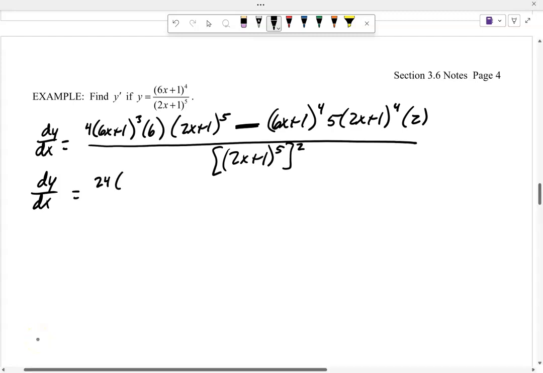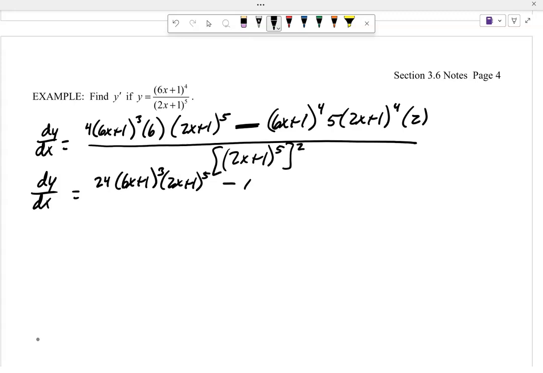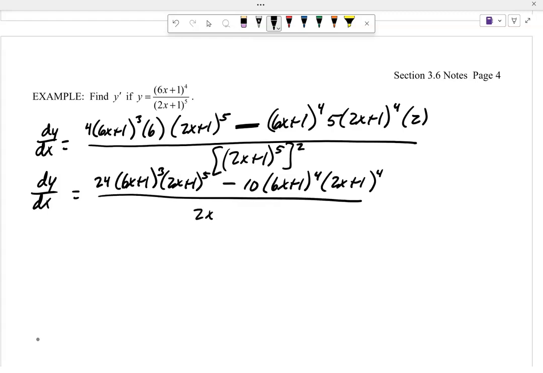So I got 24 times 6x plus 1 to the 3rd, times 2x plus 1 to the 5th, minus 10 times 6x plus 1 to the 4th, times 2x plus 1 to the 4th, and then over 2x plus 1 to the 10th.